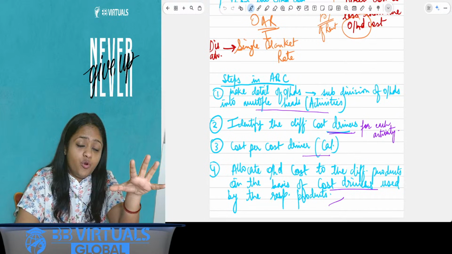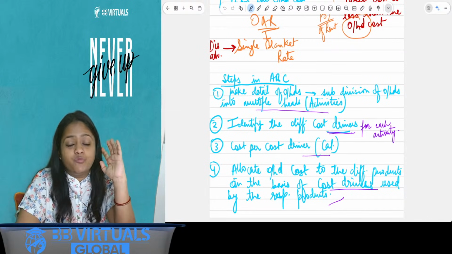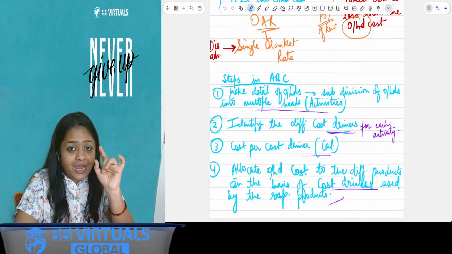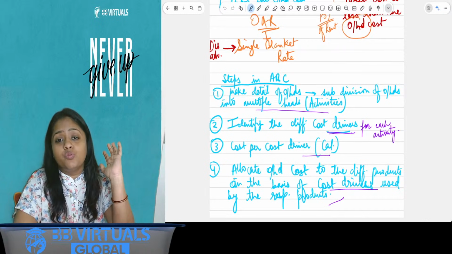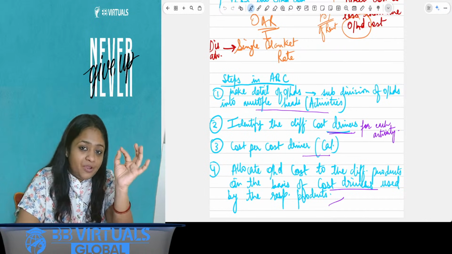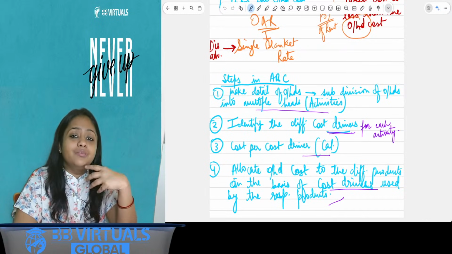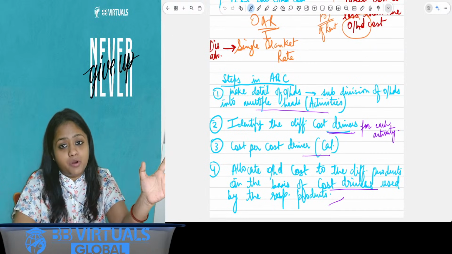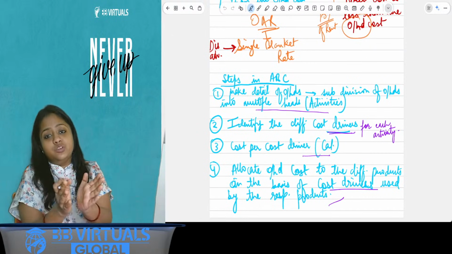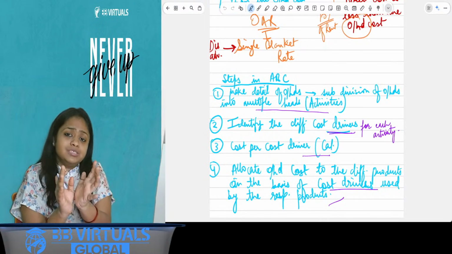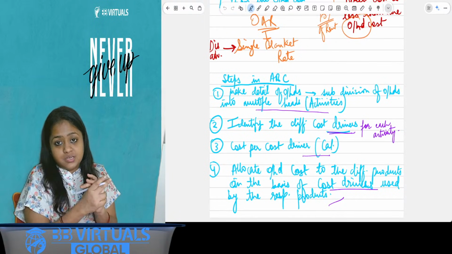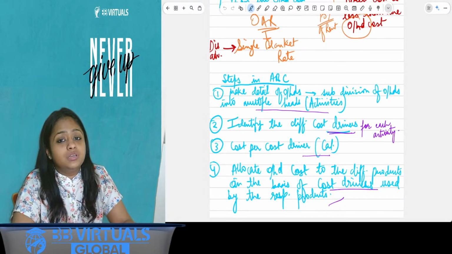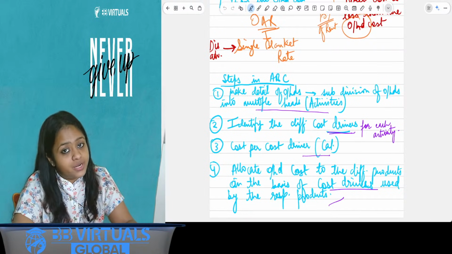For all the 5 overheads, please see what is the factor which is driving that overhead. For example, if I say rent, I know that rent should be allocated to every product cost based on the square feet that they are using, the area, right? So this is the driver for that cost. Like this, you will see what the different drivers are for the different overhead costs.